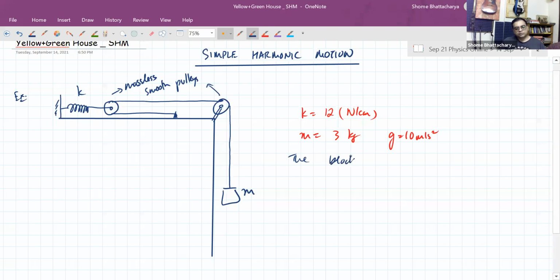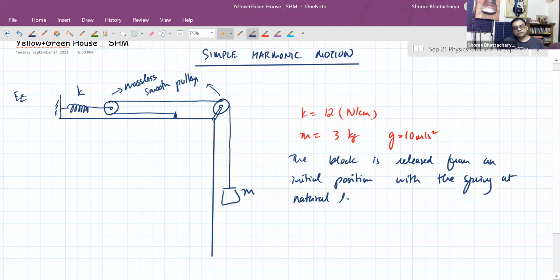The block is released from a position with the spring at natural length, and the thread taut.